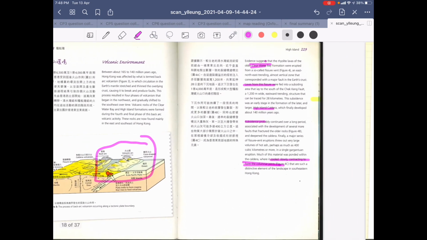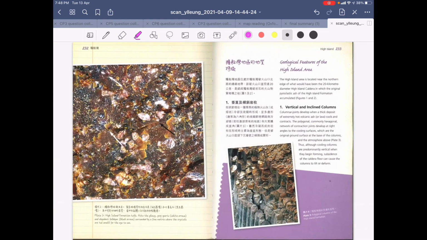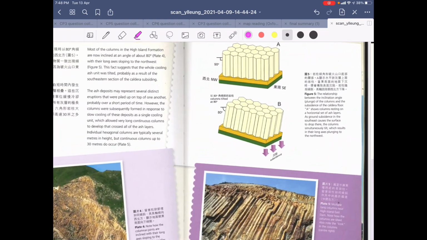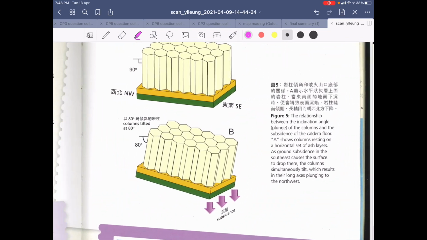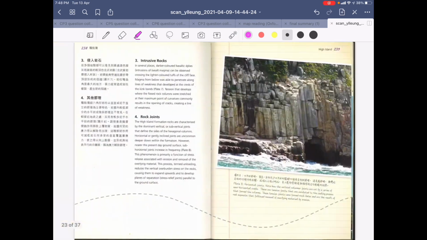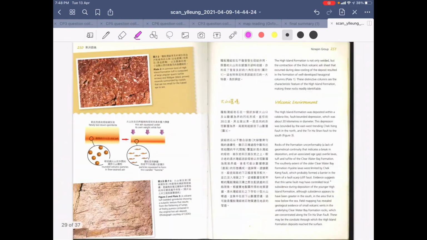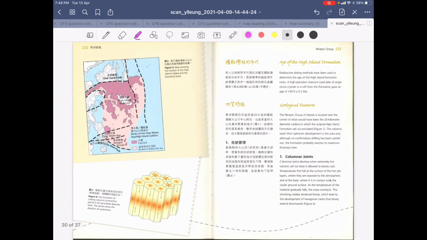Okay, and for more detail actually you can find out here, and also here.